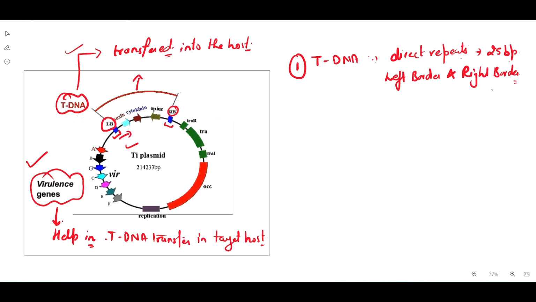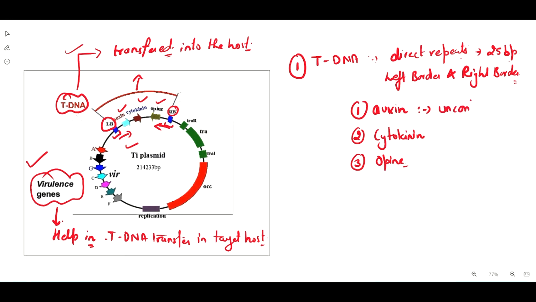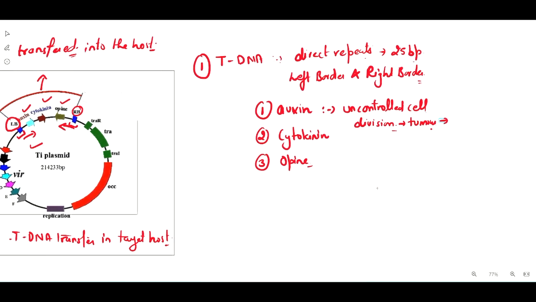Within these borders are specific genes for number 1, auxin, second, cytokinin, and third, opine. Auxin is used for the production of uncontrolled cell division, which leads to a tumor in the host, and this tumor leads to the disease called crown gall disease.